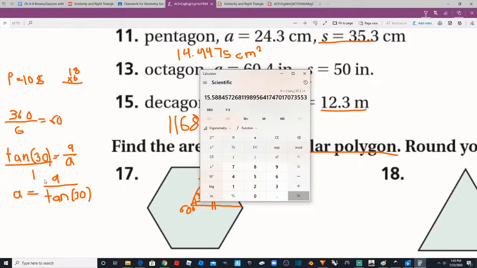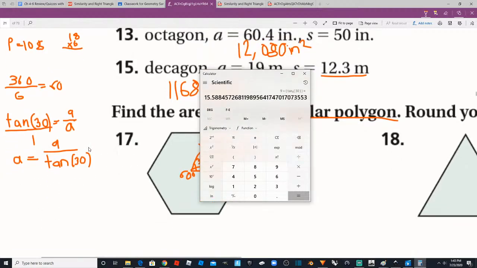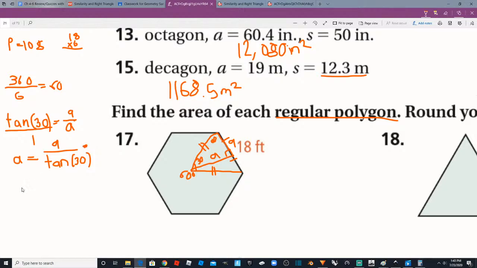Because we still need to multiply that times the perimeter. So let's take that multiplied by, actually, let's say the area is equal to the A multiplied by the perimeter. So the perimeter is 18 times 6, which we did up here, which is 108.